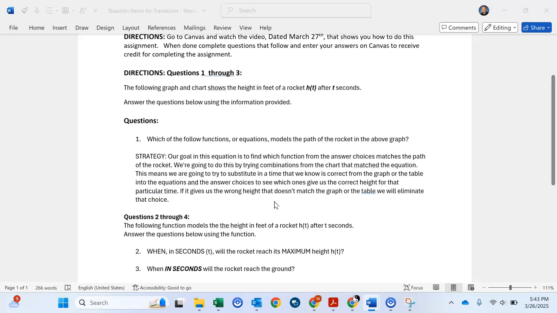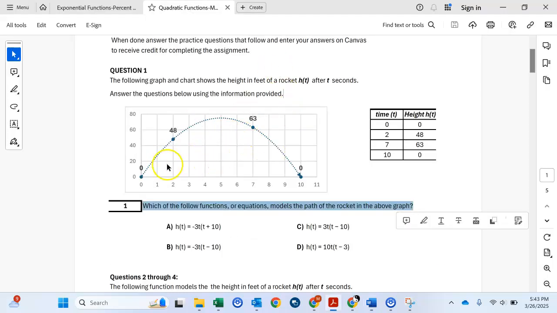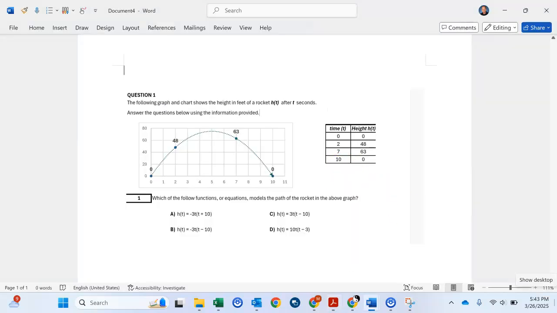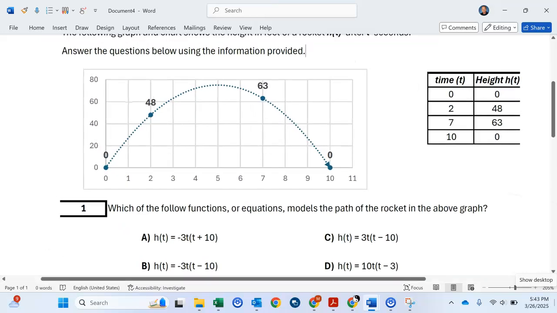But what we're going to do is look at this chart right here. So what do we know about this chart?